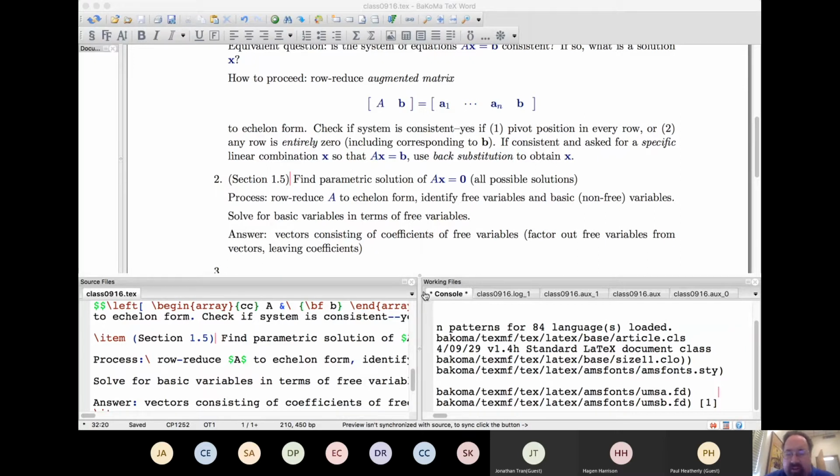In response to a question in the chat, today I'm just talking about the general process. I'm not sure if I fully understand your question, but I'm just highlighting the main concepts that you have to know to work the various problems that come up in this test.